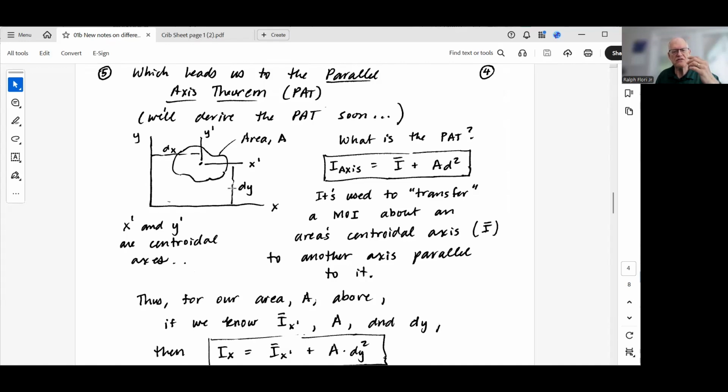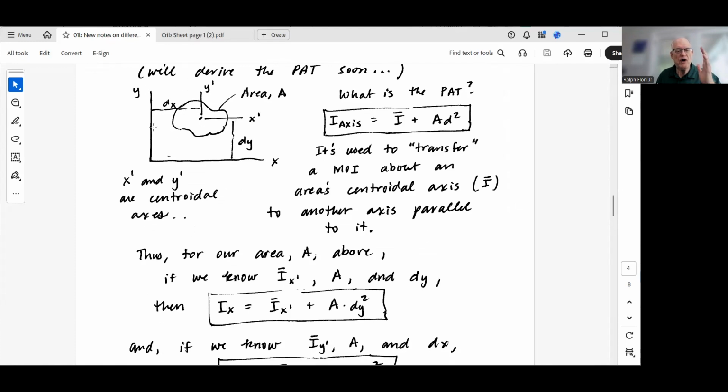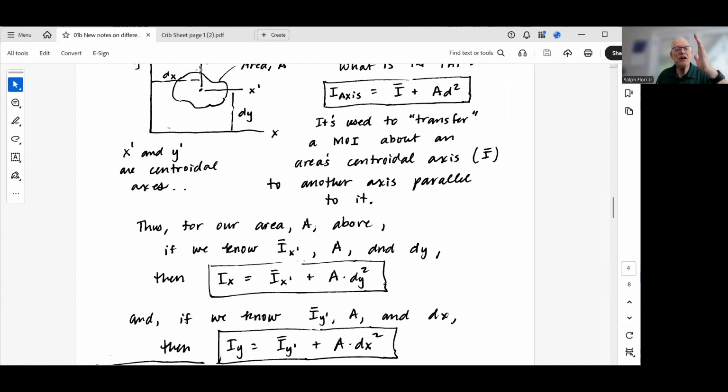So the moment of inertia of this area about the x-axis is Ix equals I bar about the x prime axis plus the area times dy squared. About the y-axis, it's the I bar about the y centroidal axis plus the area times dx squared.